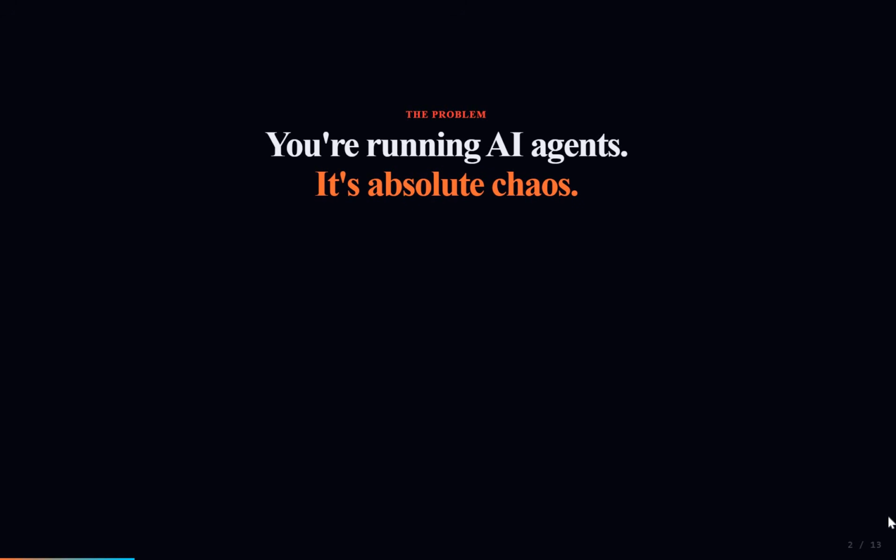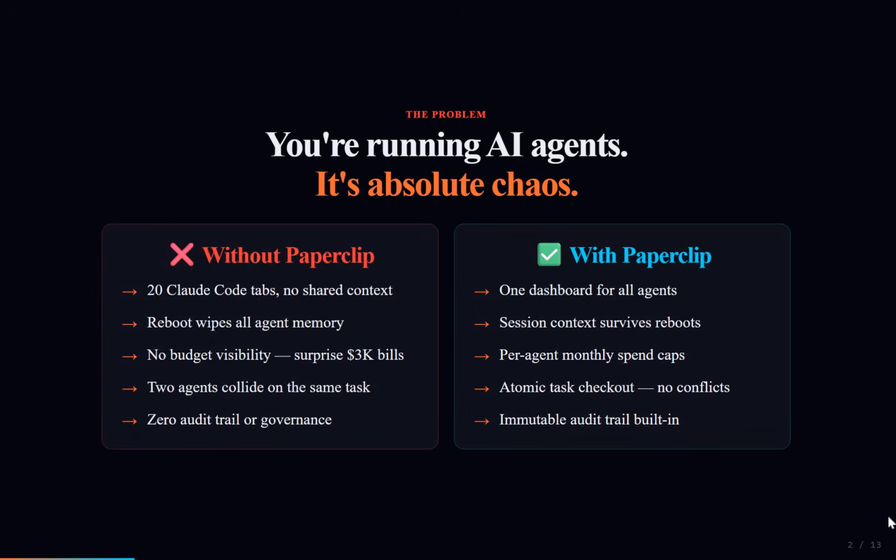Let's see what the before state and the after state look like. Without Paperclip, you have like 20 tabs with no shared context, and when you reboot your agents, the memory is lost. You don't have visibility of your budget, two agents can accidentally work on the same task, and there's no audit trail whatsoever.